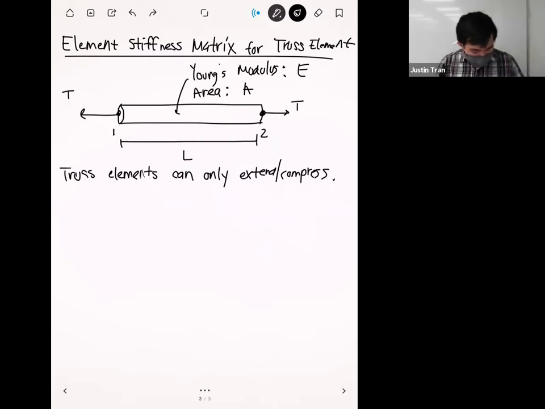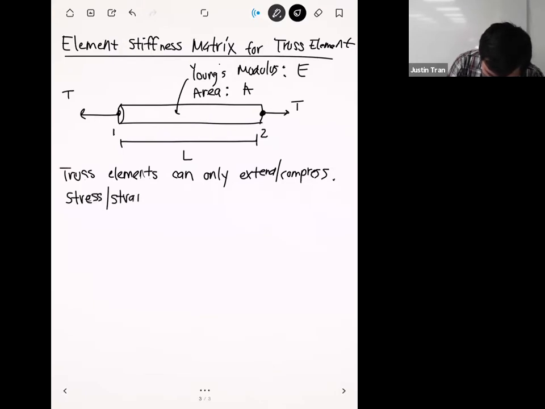All right. For a very simple structure like this, where we're just loading it in the axial direction, we have a very simple stress-strain relationship. We're going to assume linear elasticity here, right?